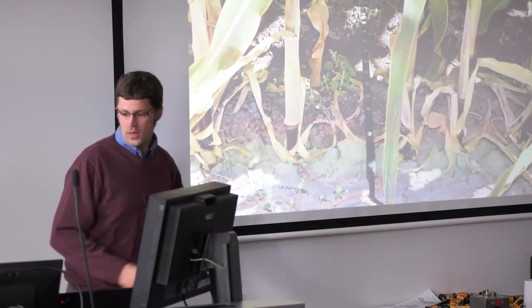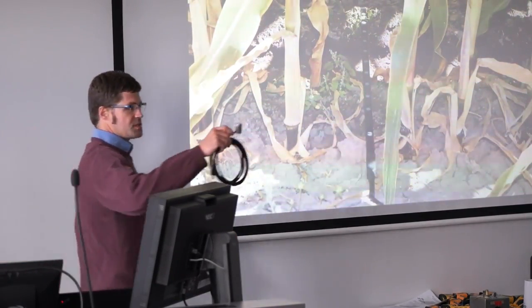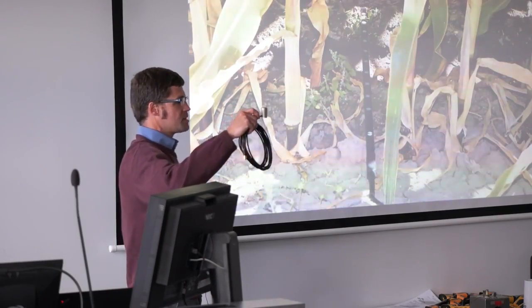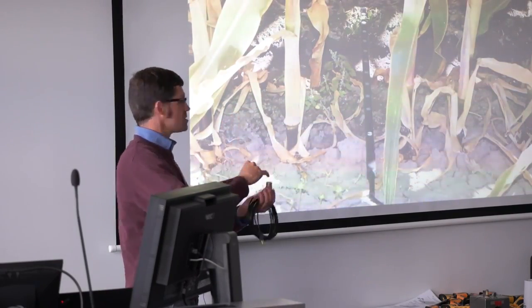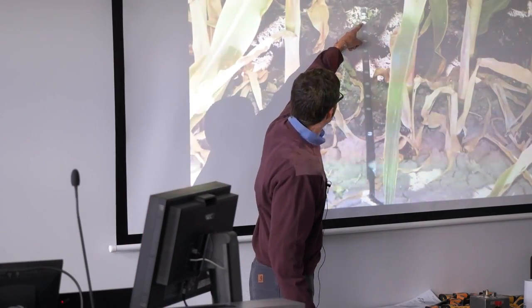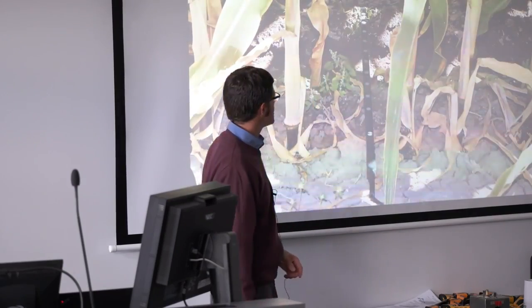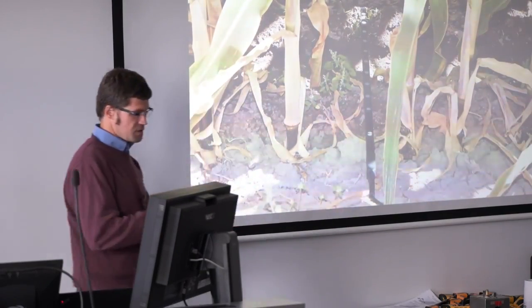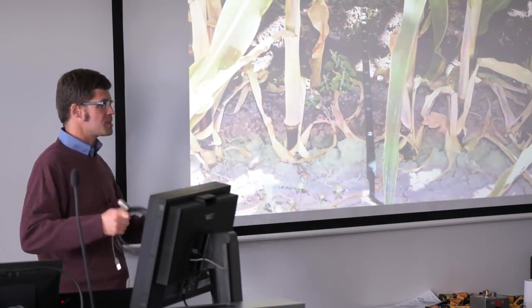A line quantum sensor is just like this quantum sensor, except there are multiple sensors along the line. This specific one has 10 sensors, so each one of these circles that you see here is a sensor. Those 10 sensors are spread along a bar that's approximately 70 centimeters long.